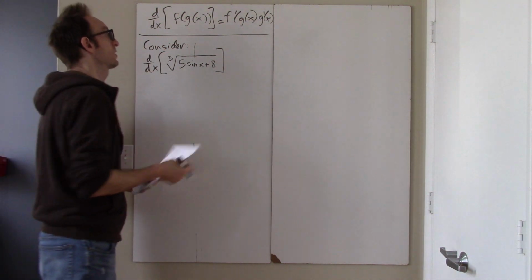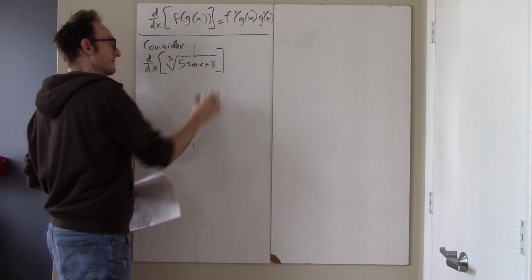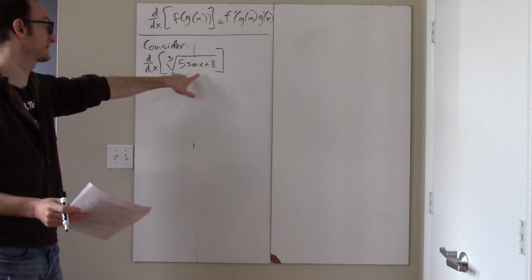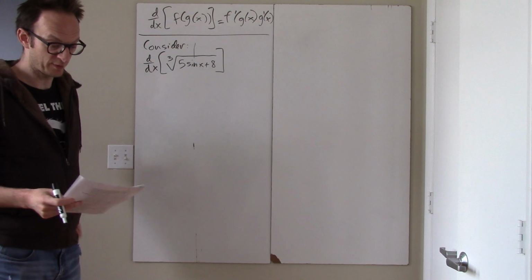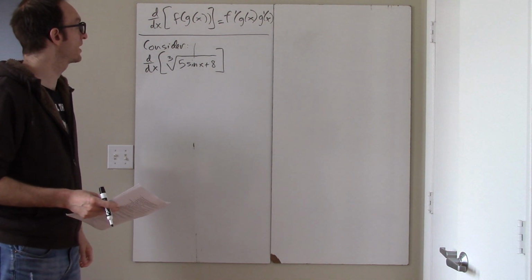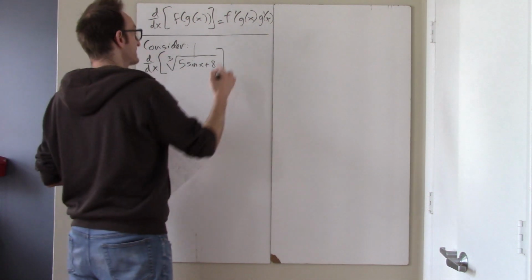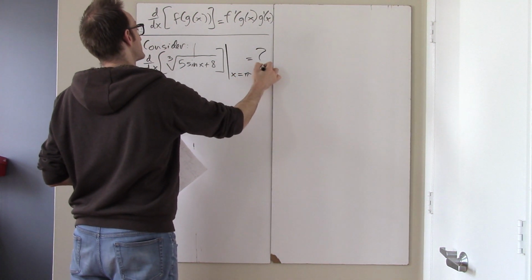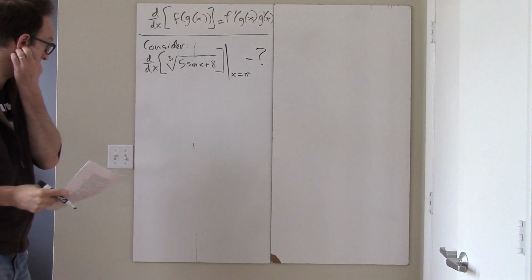But to really understand what's going on, let's not look at the general formula for the derivative of this function, but let's look for the derivative at a particular place. So suppose we want the derivative at x equals pi. Let's set this as our goal.